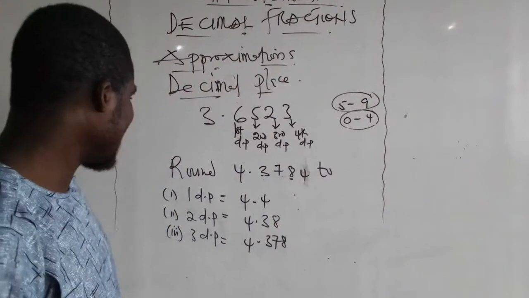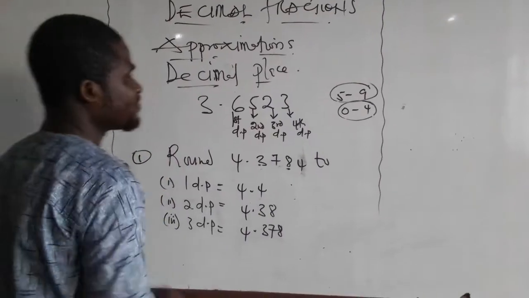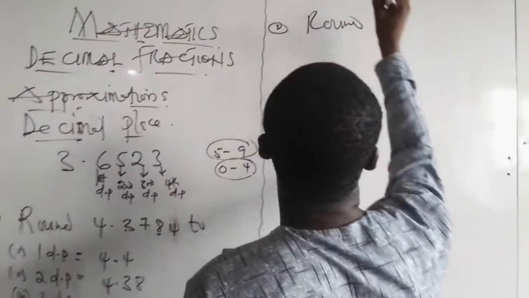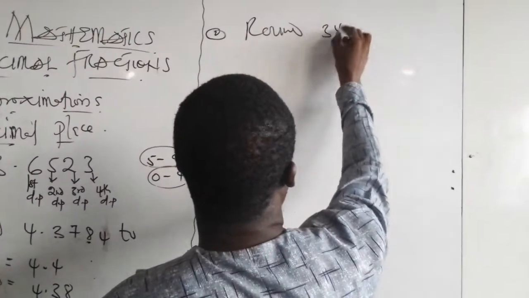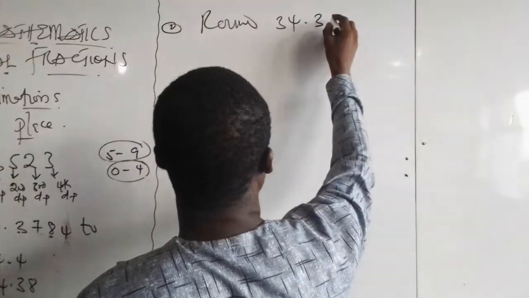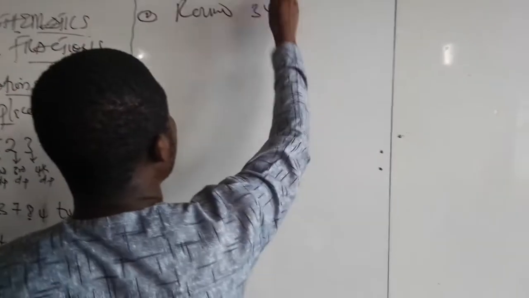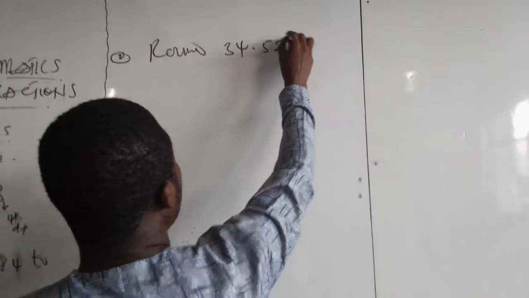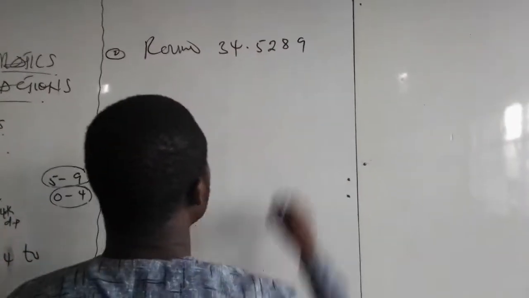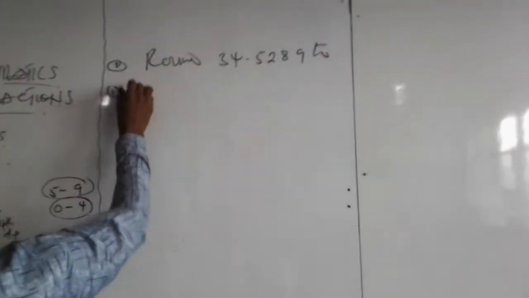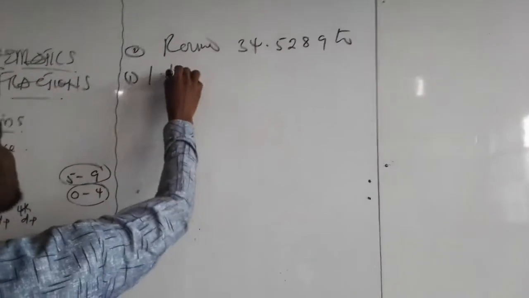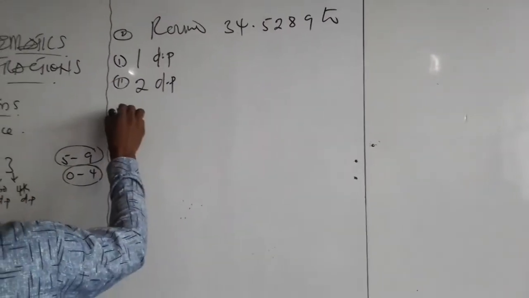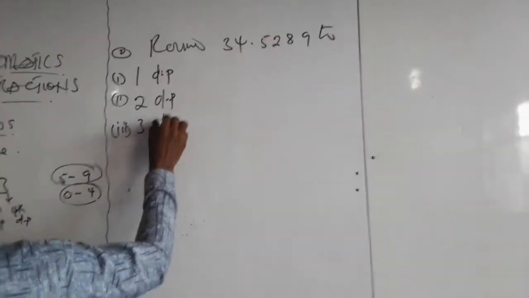Good. So let's take the second example. We have to round 34.5289 to 1 decimal place, 2 decimal places, and 3 decimal places.